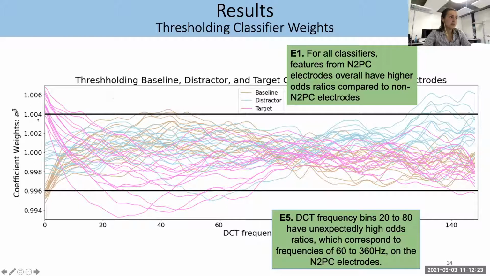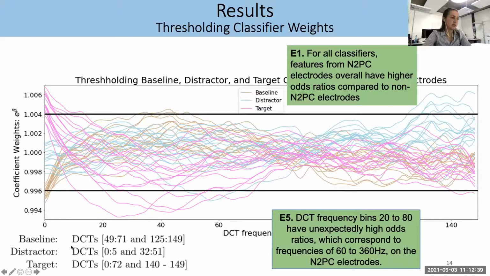We decided to threshold at plus or minus 0.004, and whichever weight passes this is the DCT frequency that we will use in the future classification. This resulted in these DCTs that you can see in this range here.